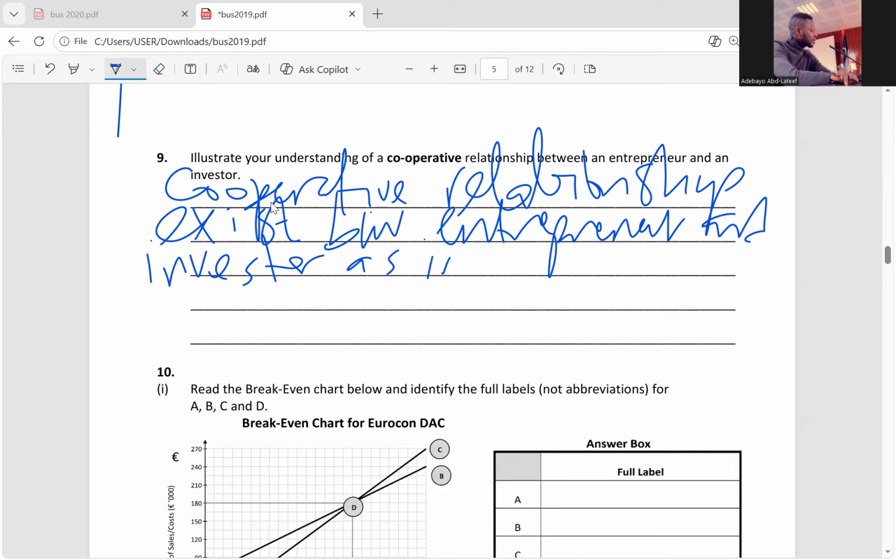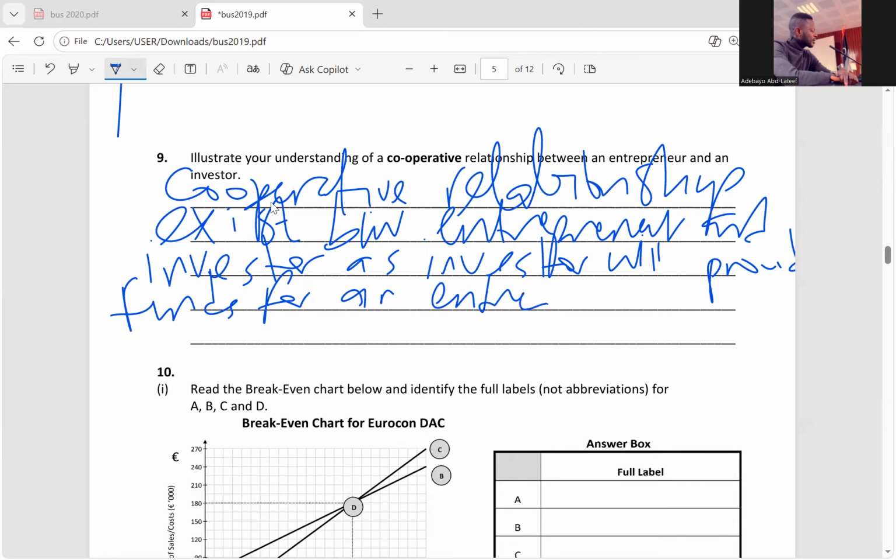An investor would provide funds for an entrepreneur to execute the project for profit.